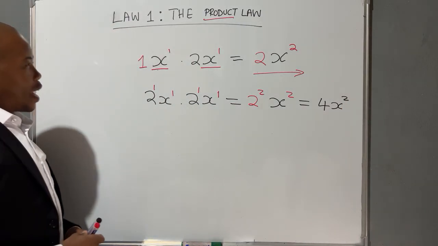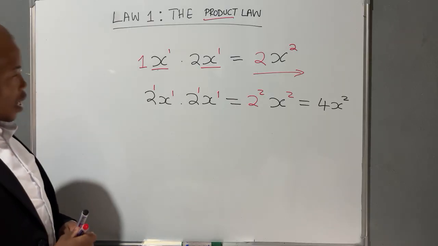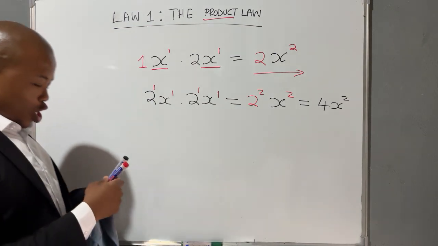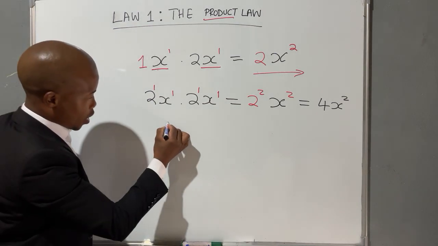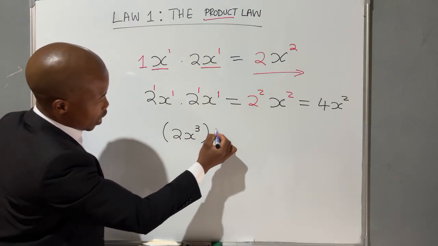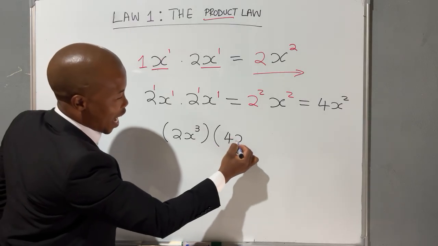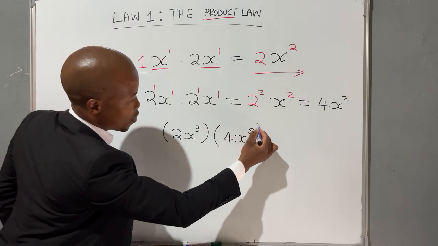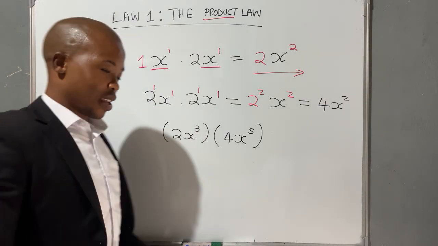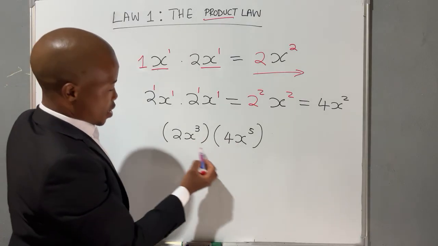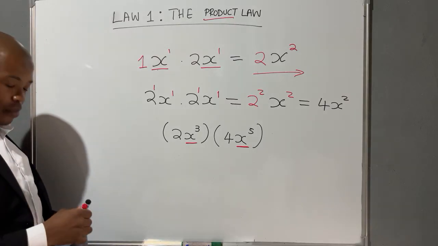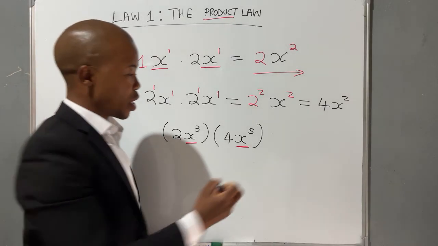Are we together? Now, remember I also said that multiplication can also be written with brackets, right? So imagine we have something like open bracket 2x to the exponent 3, close bracket, and then open bracket 4x to the exponent, for example, 5. You still do the same thing. You have the same bases, so you simply add the exponents.